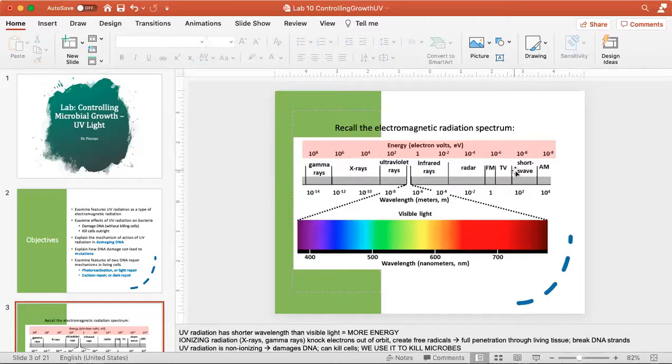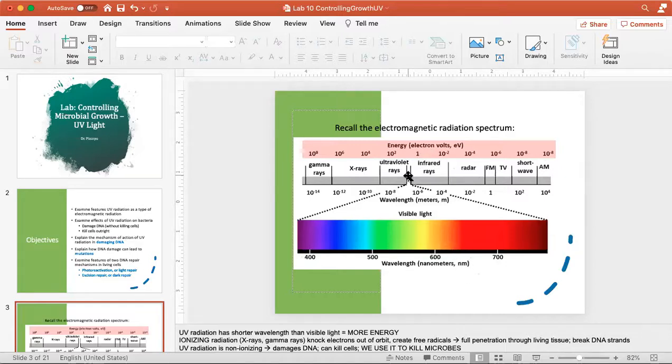Now, if we keep going along this scale, so the wavelength is getting shorter and shorter. You come into radar, then you come into infrared, then you hit visible light. And again, visible light, we're talking about a wavelength of between 400 and 700 nanometers. Okay.